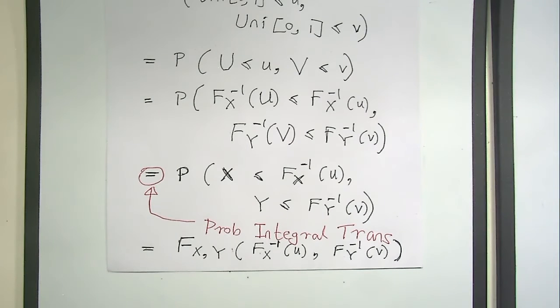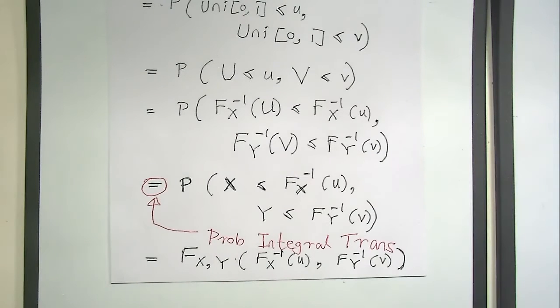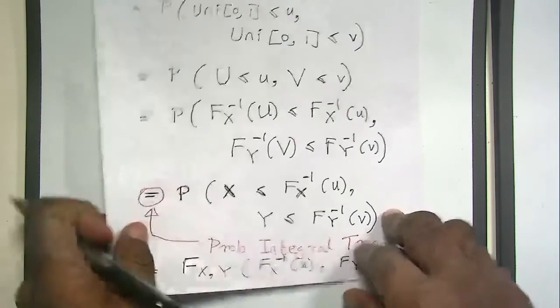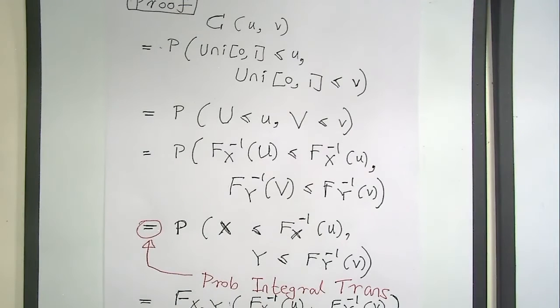What we have proved, guys, is that starting with the copula C, which is above the line, sorry, let me bring it down, we have started with the copula C, and we have proved that C, a copula, is equal to the joint CDF of two variables X and Y. So this is the proof of statement number 2. Is that clear, guys?